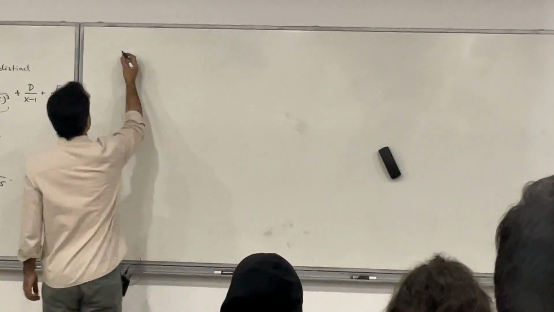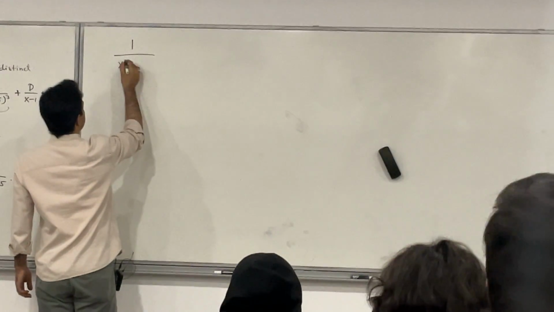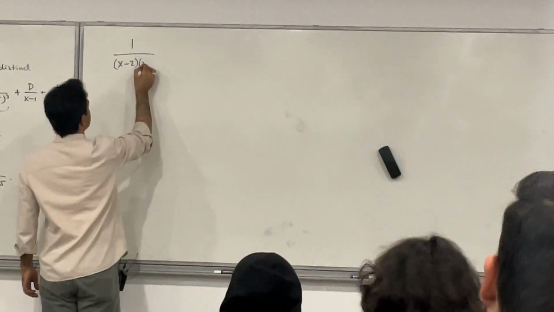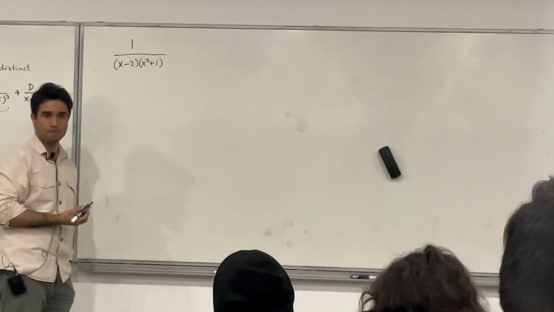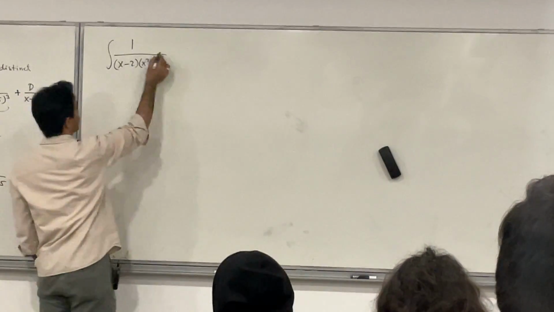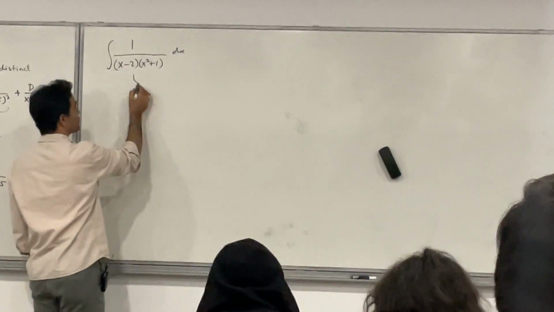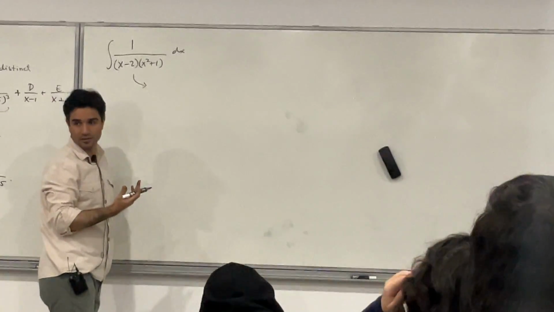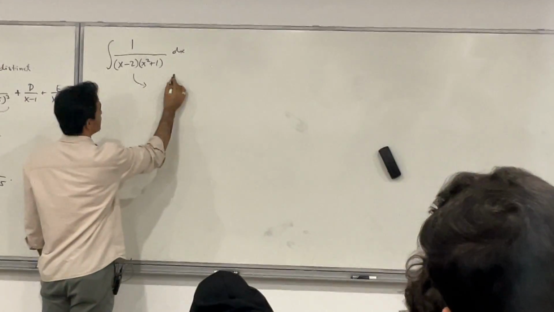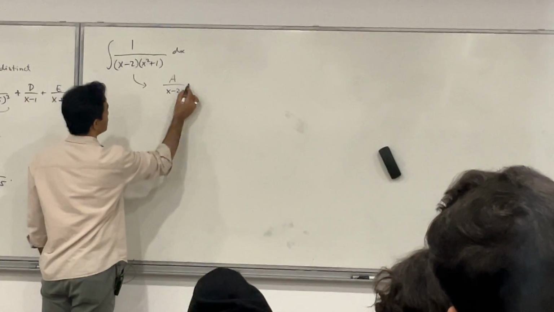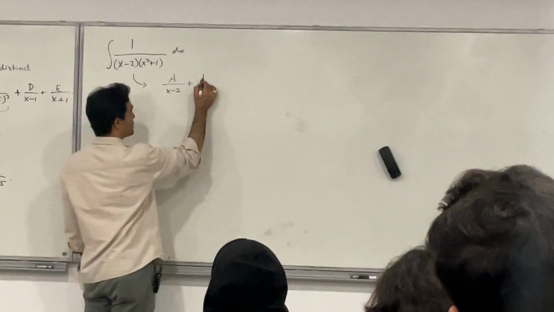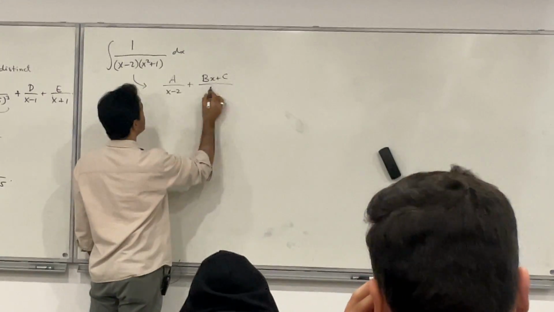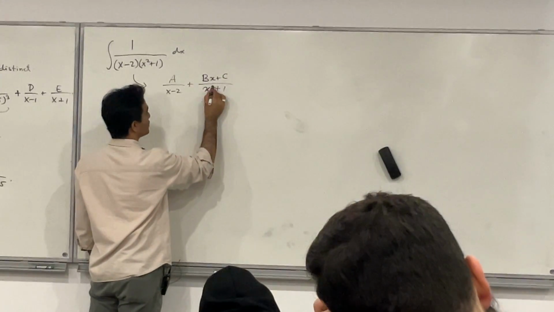So let's see how, for example, if it was x minus 2, x squared plus 1, something like this. Right? Suppose I'm trying to integrate this. First thing I should do is break this down into partial fractions. And they would be some a over x minus 2 plus some bx plus c over x squared plus 1.